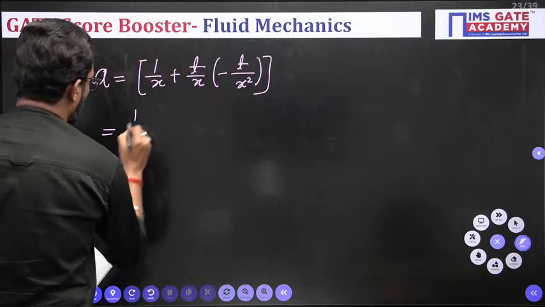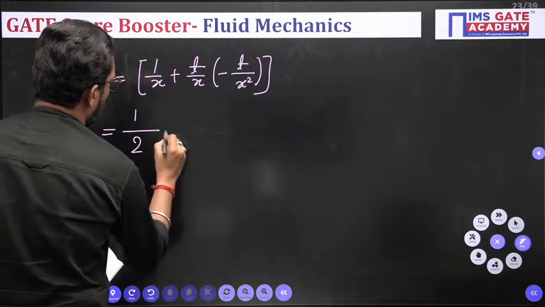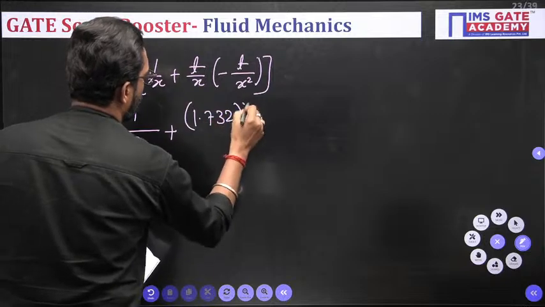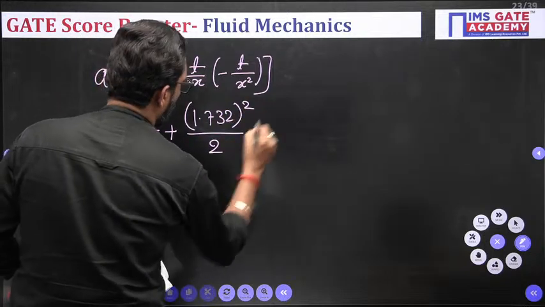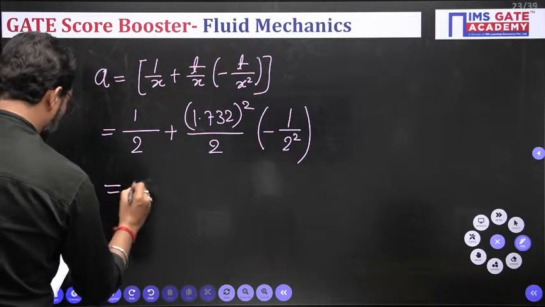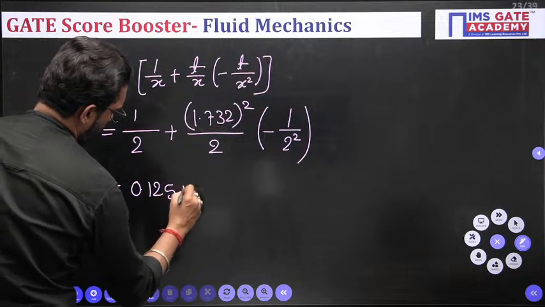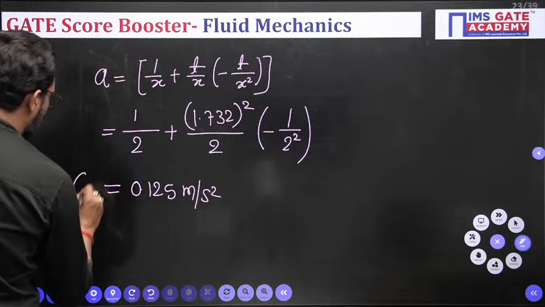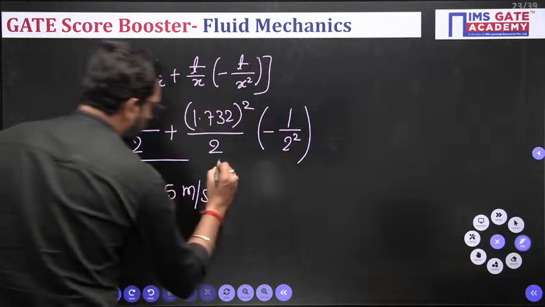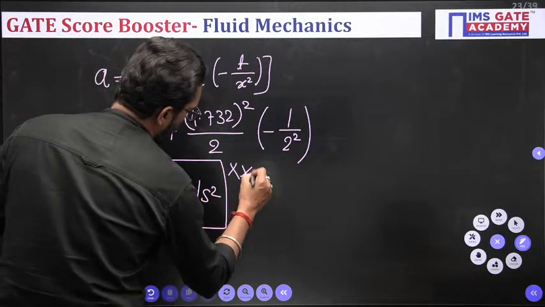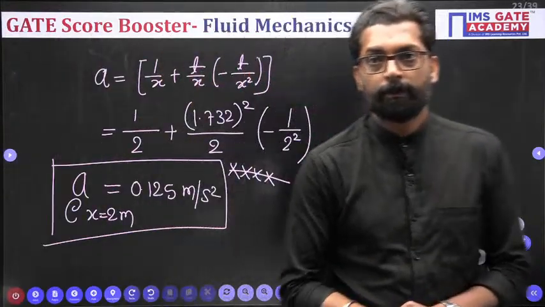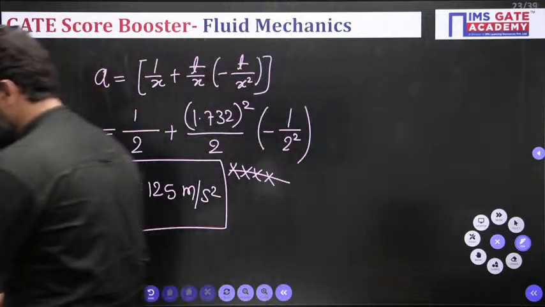Now 1 by x is 1 by 2, plus t is 1.732, divided by x is 2, times minus 1 by 2 square. If you put this value, this is 0.125 meter per second square. This is the acceleration at x is equal to 2 meter. This is a very good question, I am telling you. In this question, you have to take both approaches, Lagrangian and Eulerian. Clear?